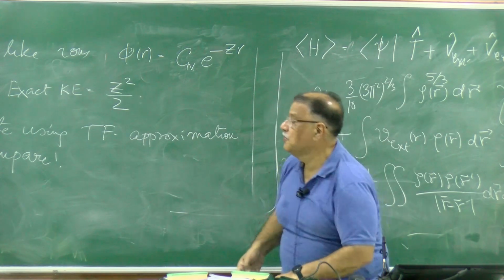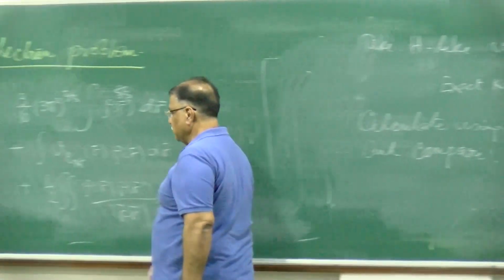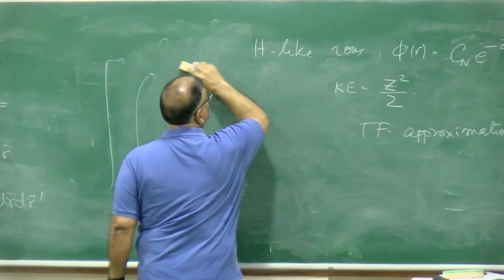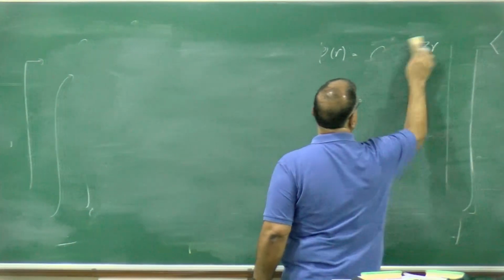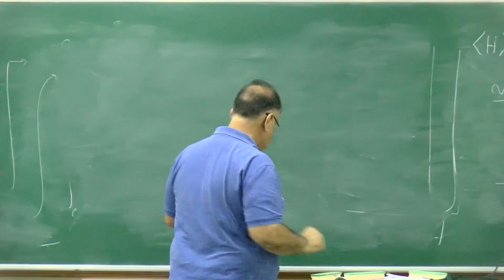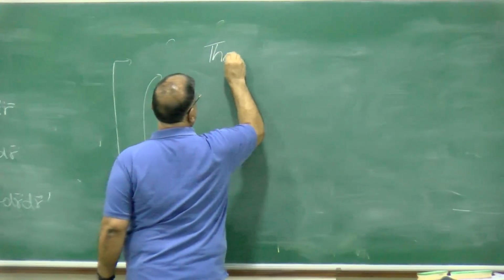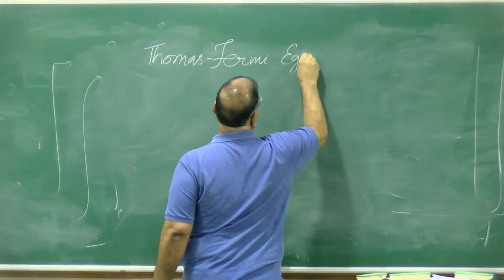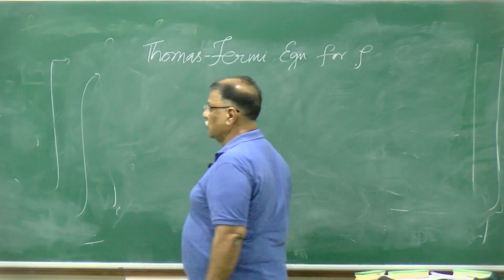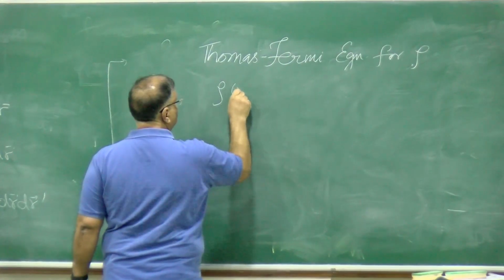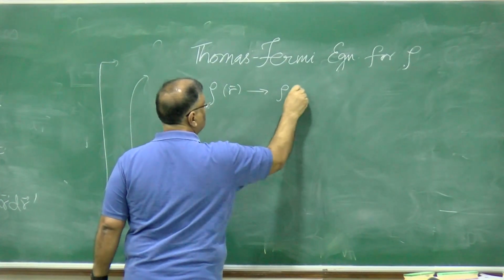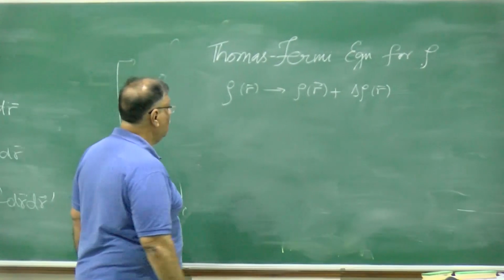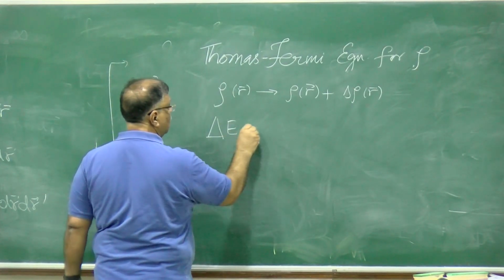So what we are going to do is take rho(r), vary it a bit, calculate the first order energy change and make it 0.